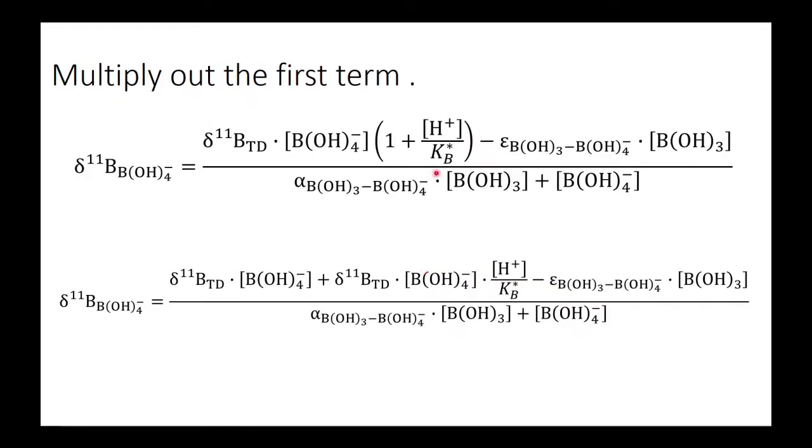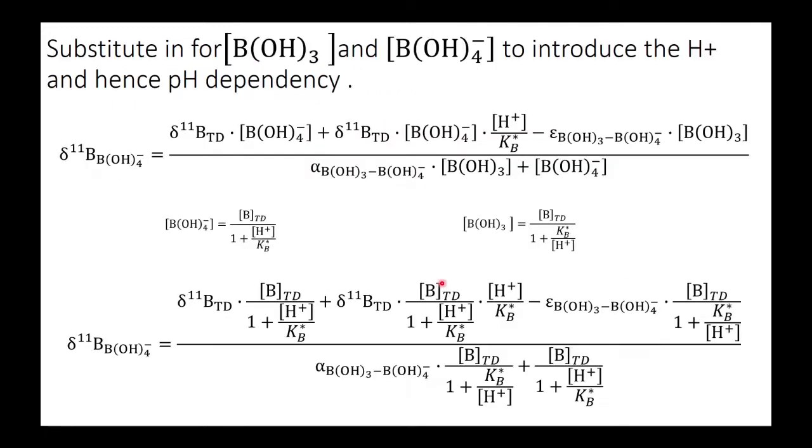and I can multiply out that term at the top to give me this longer thing down here. Once I've done that, I can substitute in for the other phases, plugging in this and this for boric acid and borate ion. It looks horrendous, but actually quite a lot of the things on here cancel out.